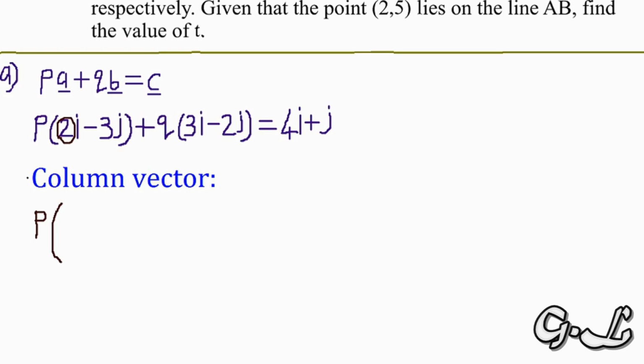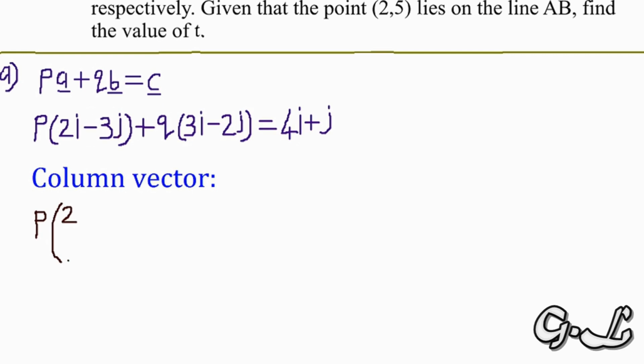So what we're simply going to do is that we're first going to get that one which is 2, the one which is having the i. So the one which is having the i is the one which should be at the top if you are representing it into the column vector form, and the one which is having the j is the one which should be down when you are representing it into the column vector form. So in such a case, the one which is having j, it is -3. So the -3 is going to be down.